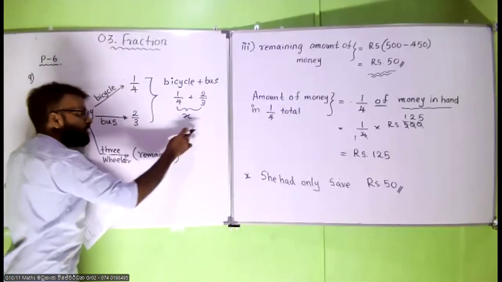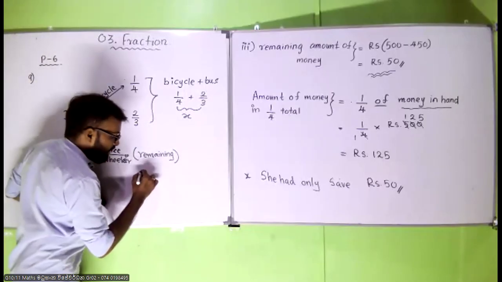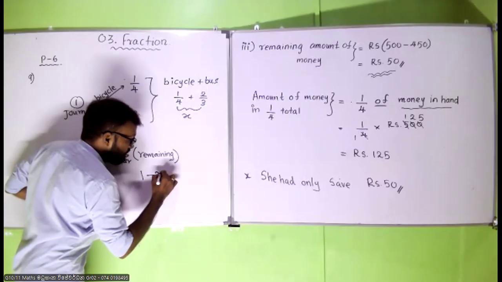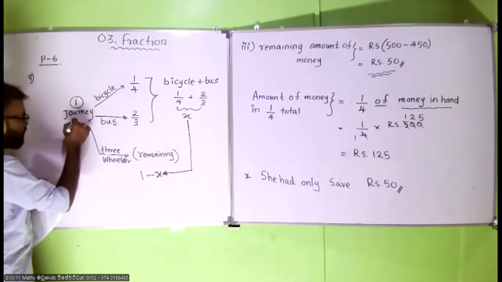If we subtract this x from the total journey 1, we get the remaining portion: 1 minus x.